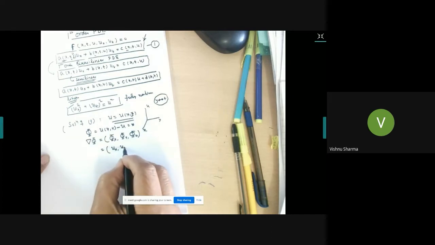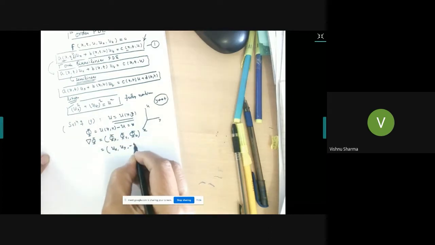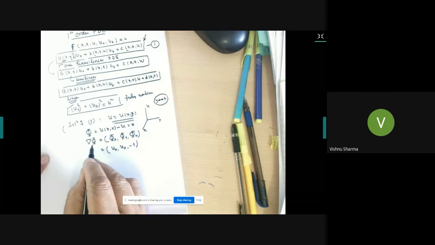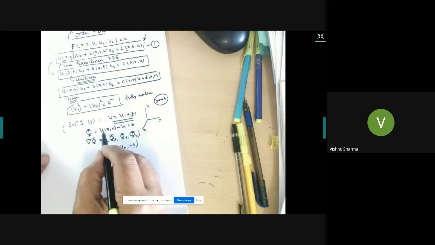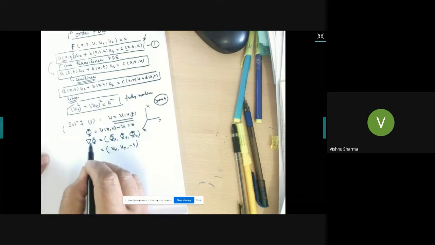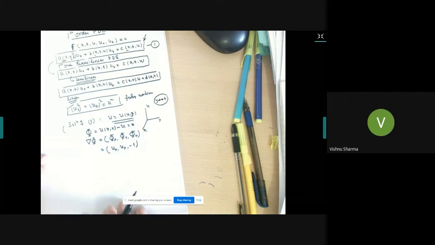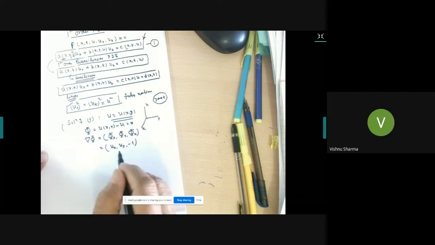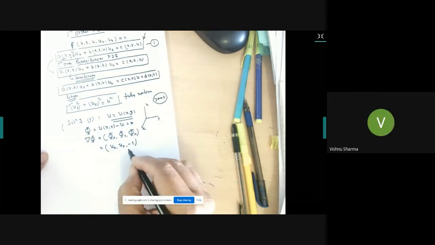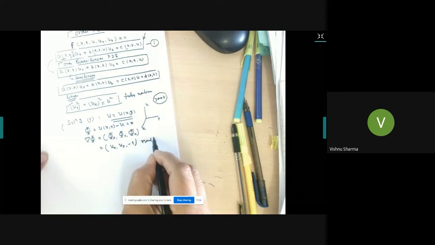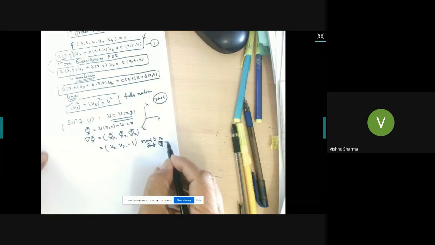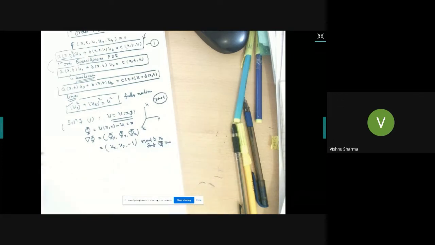It is u_y. And what is phi_u? It is minus 1. And what does it indicate? The gradient of a scalar field phi, because this is a map from R2 to R, is normal to the surface phi equal to 0. So this is all right.